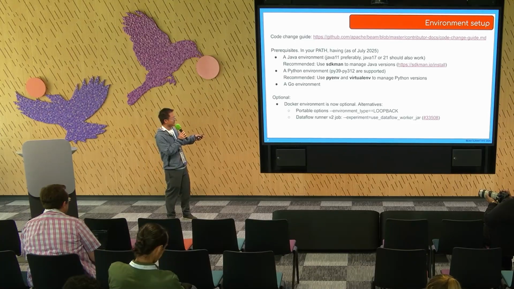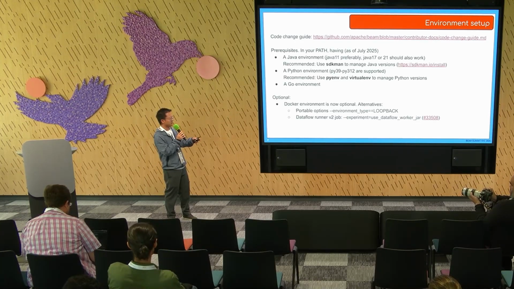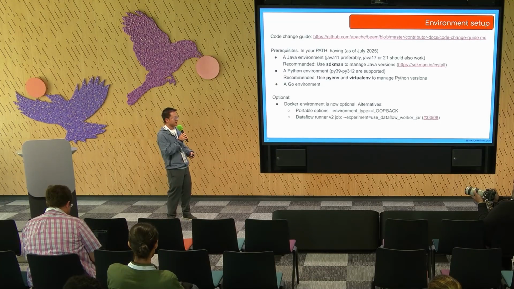And there are two ways of working around this. One way: we finished, or patched, or fixed the loopback mode of the environment modes. Previously, if you wanted to test some code locally, you needed to run an SDK container, and now you can use loopback.